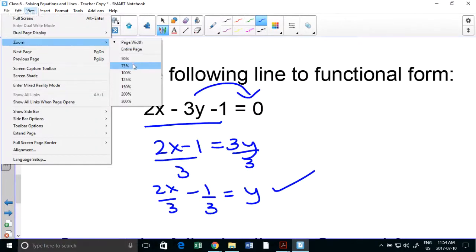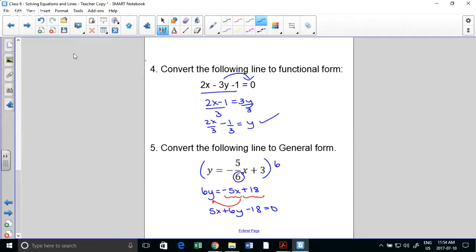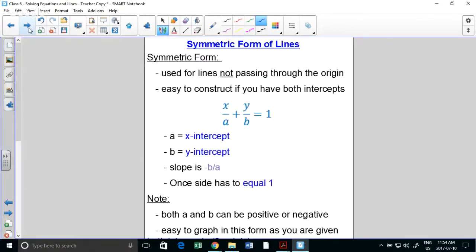All right, so that's general form. We have a new form. So this, in theory, should be new for everybody.